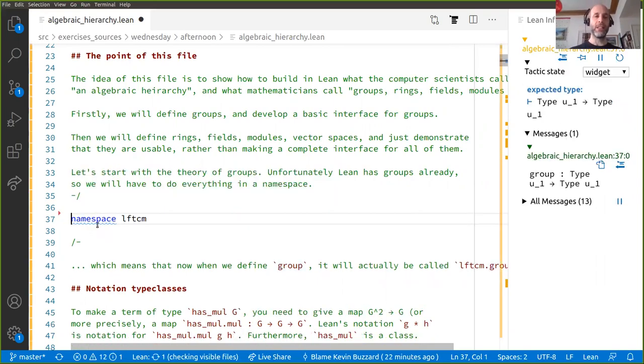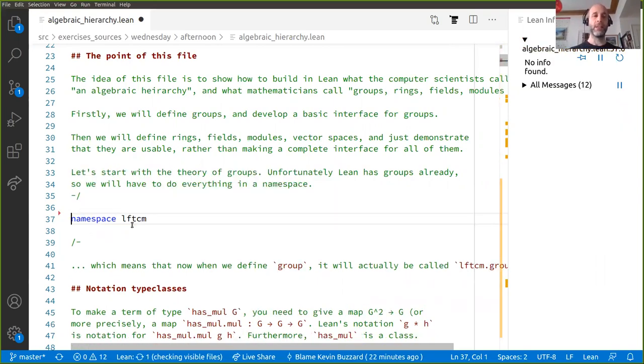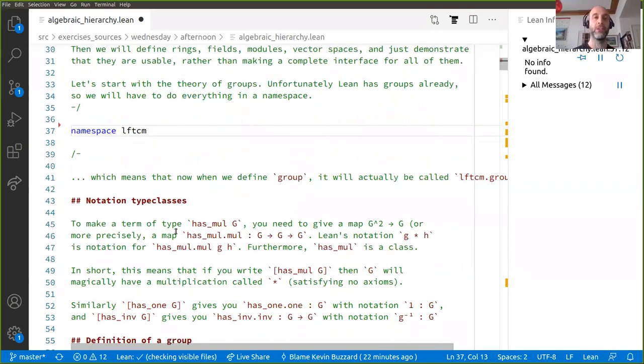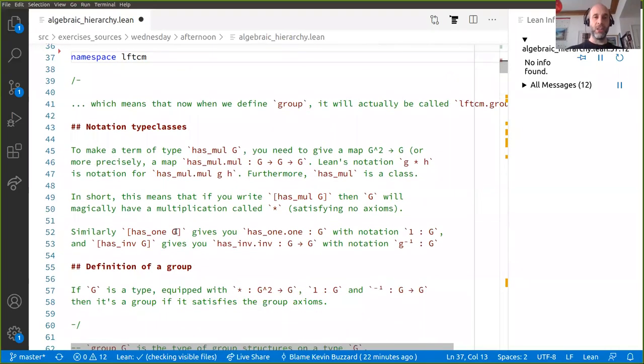So the way this namespace thing works is that we're going to do everything in a namespace. Everything I define will actually be called LftCM. I'm going to define groups, but they're really going to be called LftCM.group. So they won't clash with Lean's definition of a group.